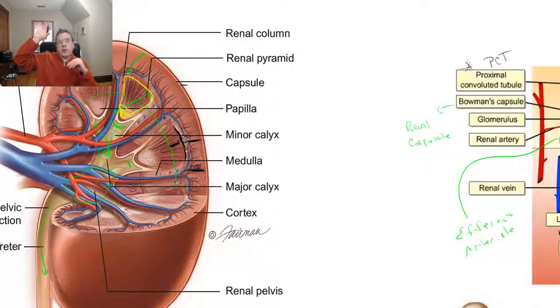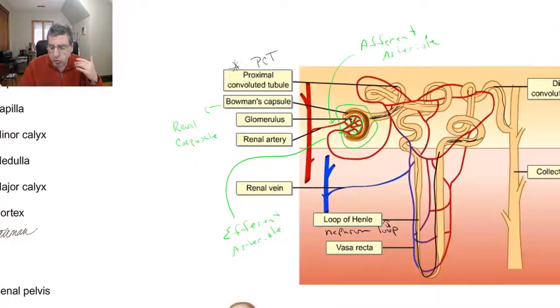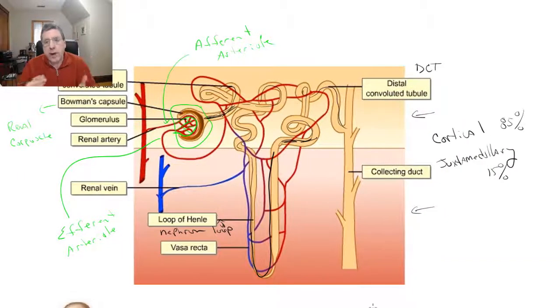So proximal distal convoluted tubule, the renal corpuscle reside in the cortex, and the nephron loop dips down into the renal pyramid, kind of directing towards the renal papilla. That's the direction that they're kind of going towards. And those are called juxtamedullary nephrons.